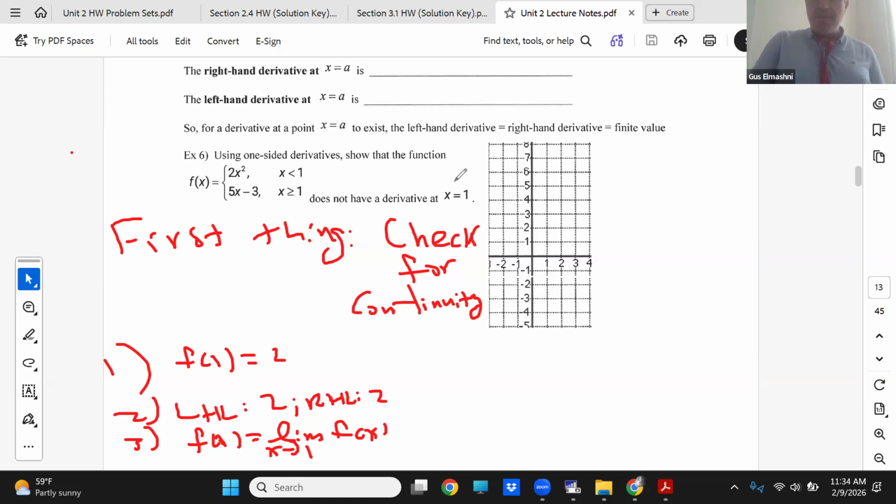So the next thing we need to do, if I do a sketch, it should seem pretty obvious. If I plug in 1, I get 2. That's a hole. Plug in 2, I get 8. Oh, you're right. Darn it.